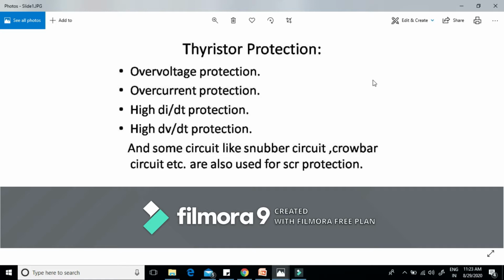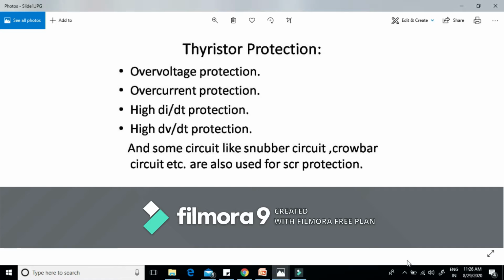Protection of a semiconductor device or a thyristor is an important aspect for its reliable and efficient operation. To avoid these transients that cause either maloperation of the circuit by unwanted turning on of SCR or permanent damage to the device due to reverse breakdown, we adopt many protection schemes.